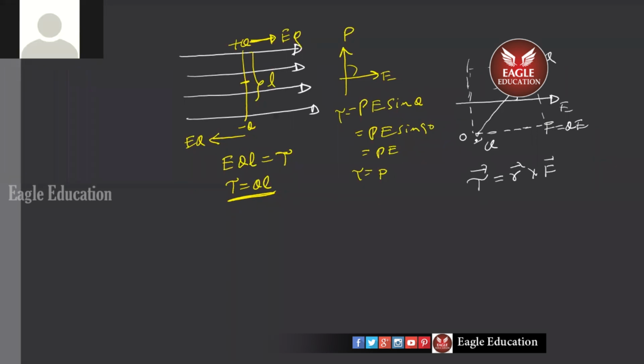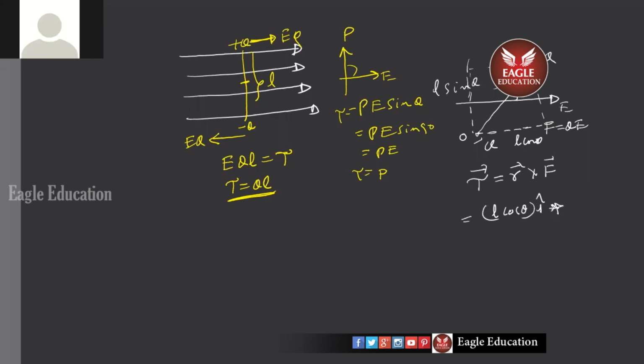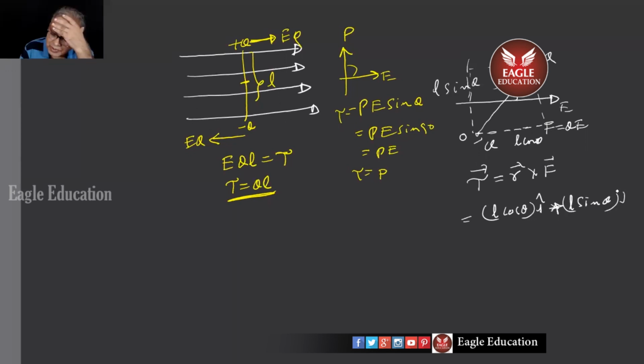Sir, it is L cos theta. This is L cos theta. This is L sin theta. So R will be what, Bharat? L cos theta i cap plus L sin theta j cap, isn't it so? Cross F.